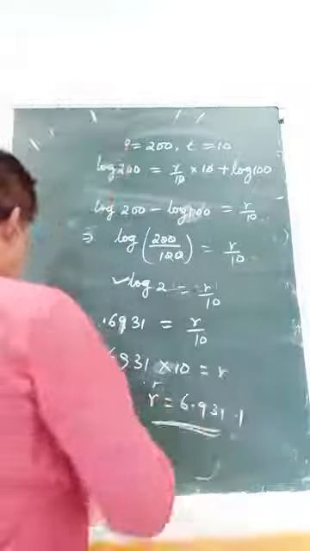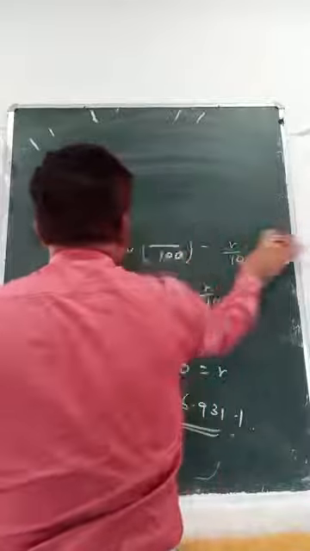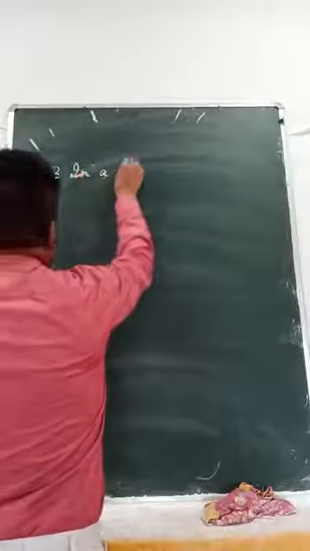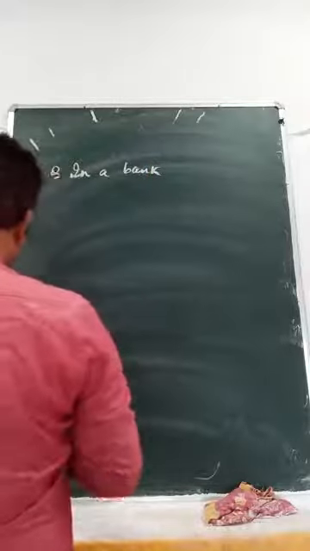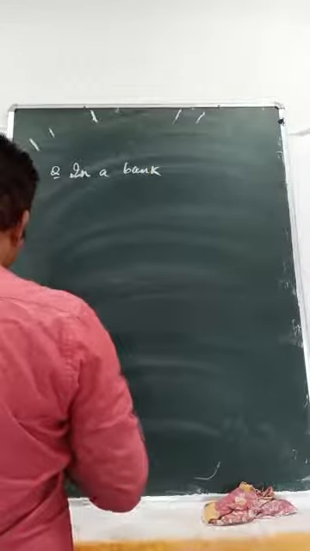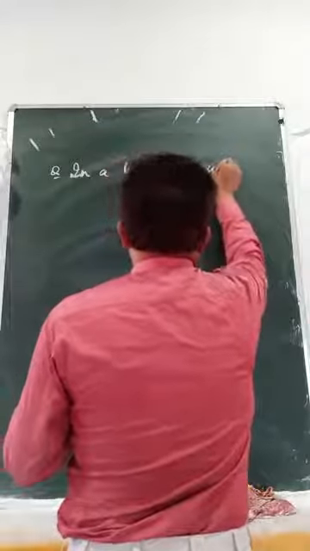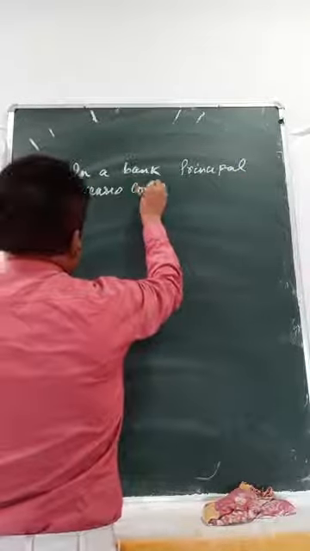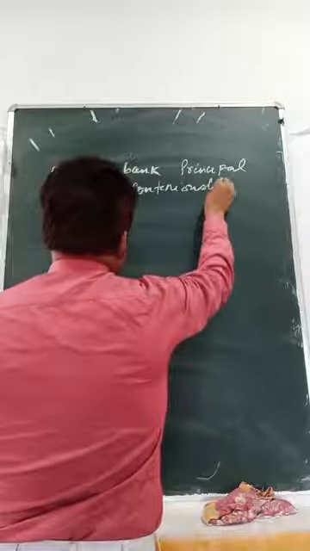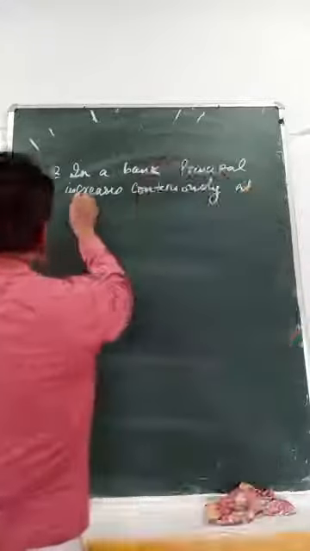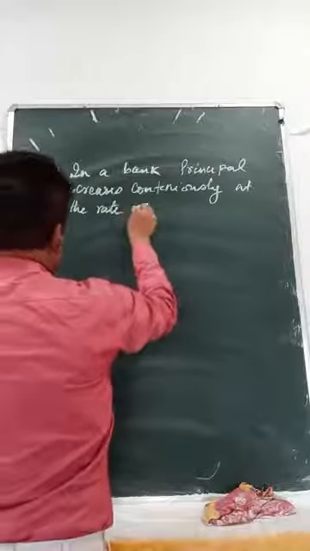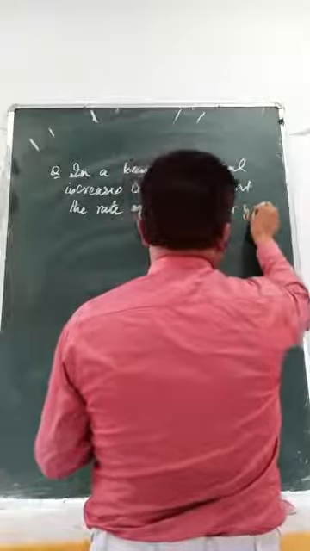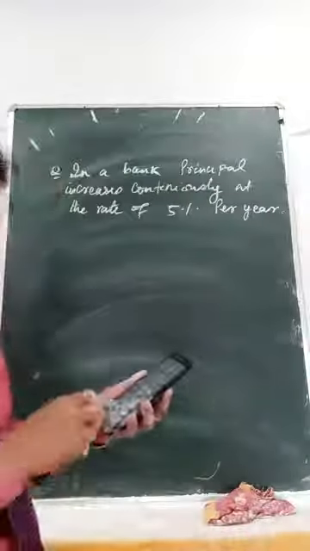That is a similar question. Look at here. In a bank, principal increases continuously at the rate of 5% per year. Okay, here R is given as 5%.